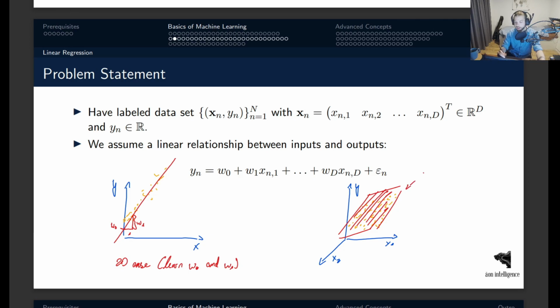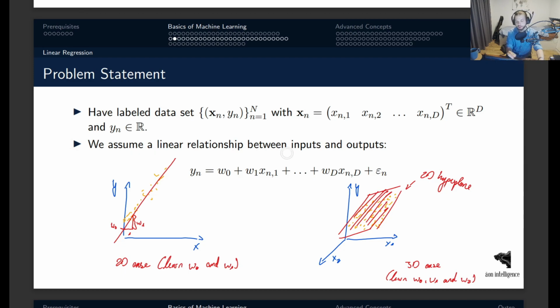This is a 2D hyperplane. Instead of a single line, we will have a 2D hyperplane, a linear one. And this time we have to learn three parameters. So w0, the intercept, and then the two weights corresponding to our two input features. So w1 for x1 and w2 for x2.